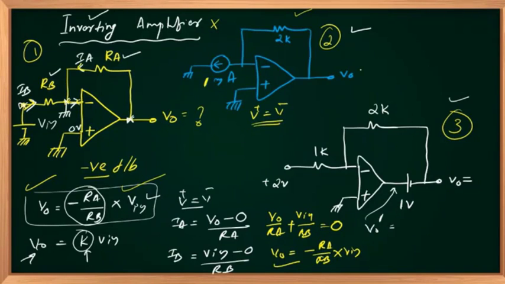V out in the second case. Case number 2. One milliampere current source, ideal. And the non-inverting input is ground. Answers, second case?